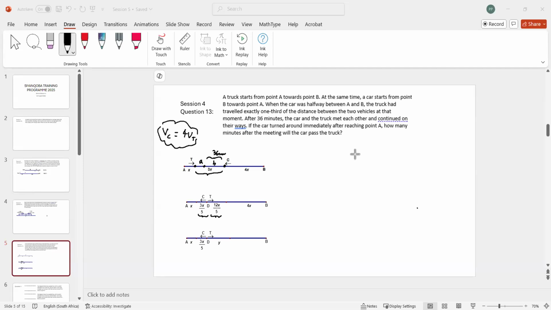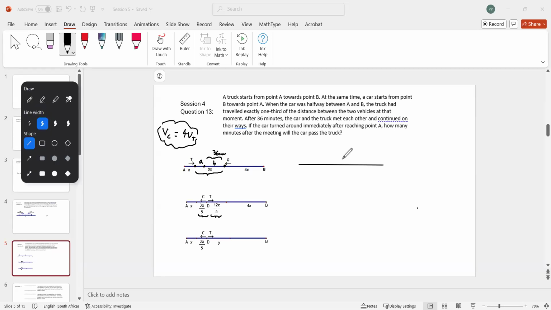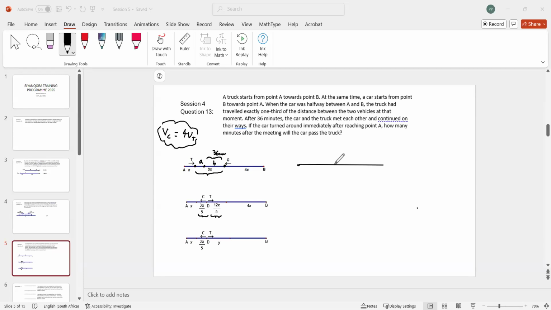I should have drawn this in. So let's see what happens from this point onwards. So now the truck and the car are together here.